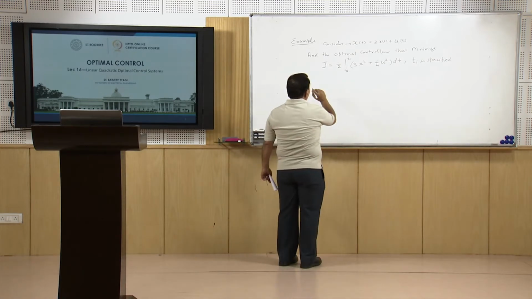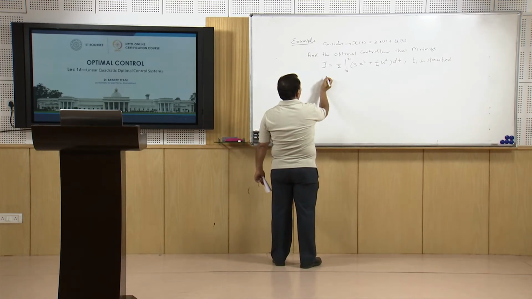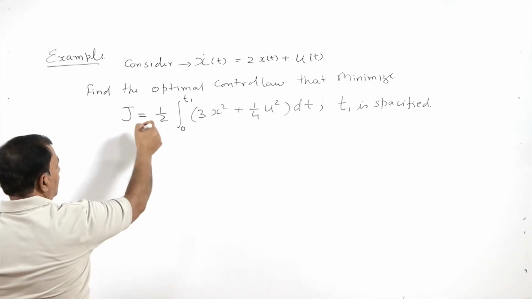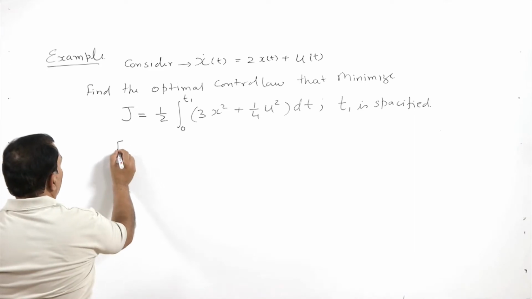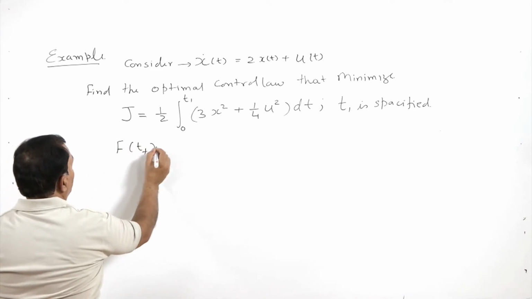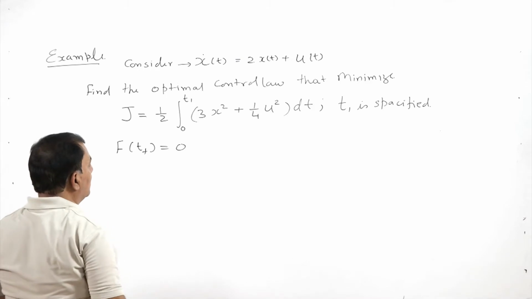Now, if you see what my terminal condition is, because no terminal cost is given, this means F(tf) equals 0.